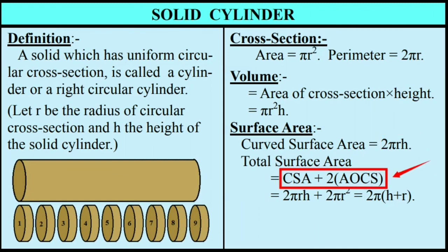Next, total surface area, and that is the curved surface area plus 2 times area of cross section.